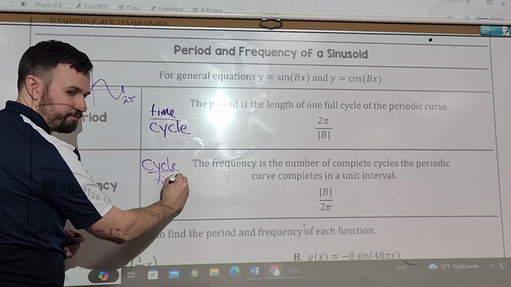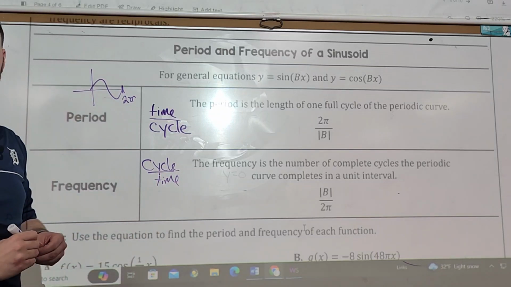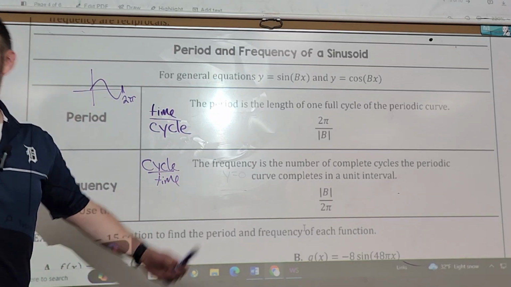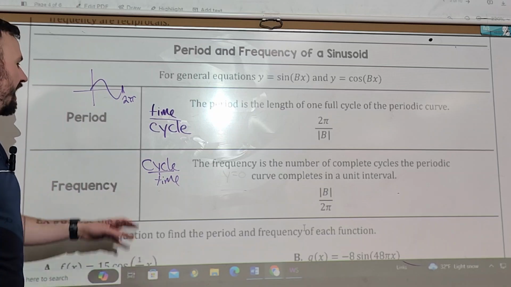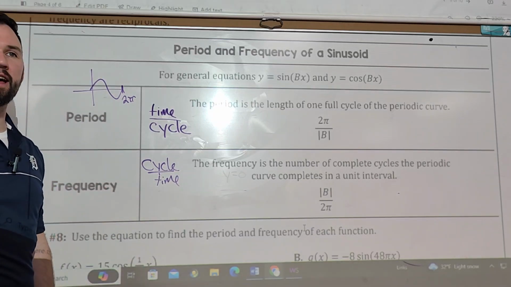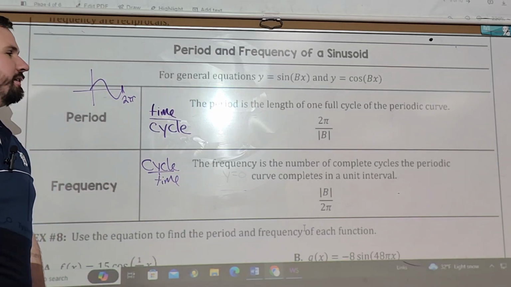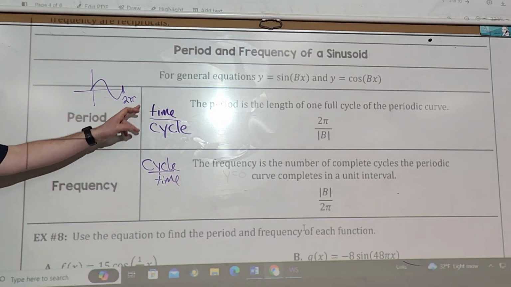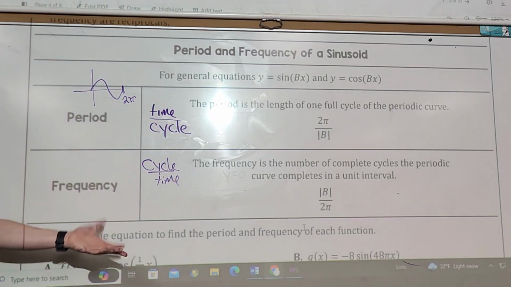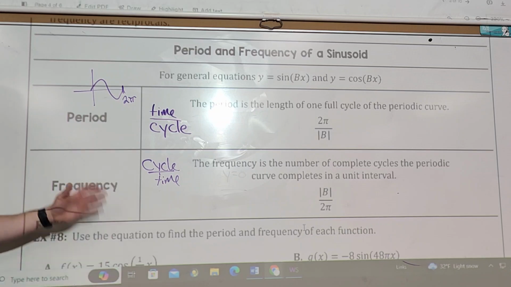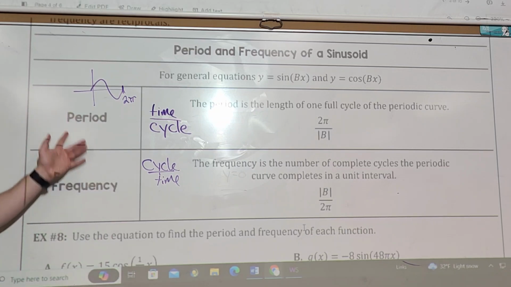The amount of cycles. This is how many cycles I can complete in a given time. Period is how long it takes for one cycle. This is how many cycles in a given amount of time. If you do anything with physics, you need to know the difference between these two things, right?